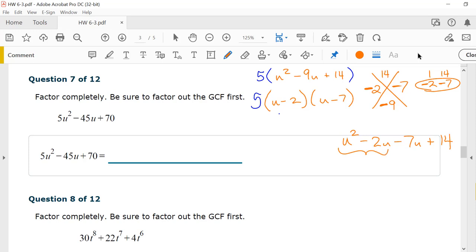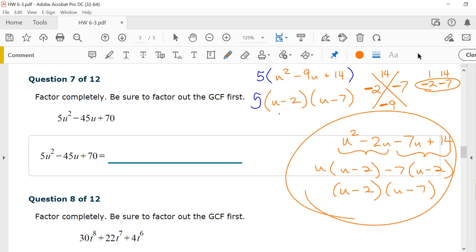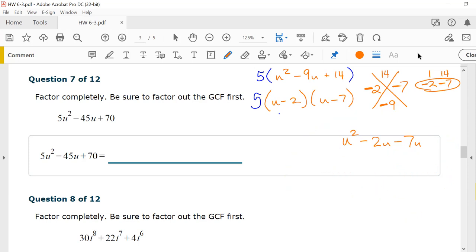Factor out a u, factor out a -7, and you would have u minus 2 times u minus 7. So we got the same thing. But we don't have to factor by grouping as long as the coefficient in front of your squared term right here is a 1.